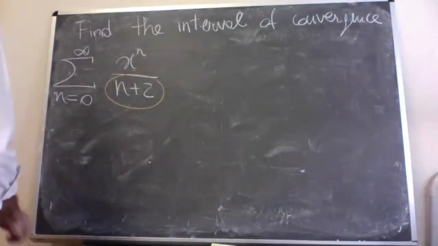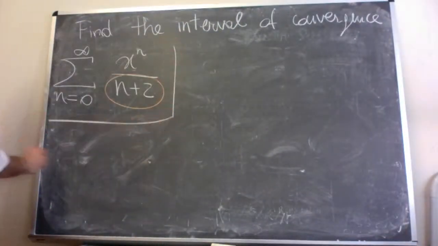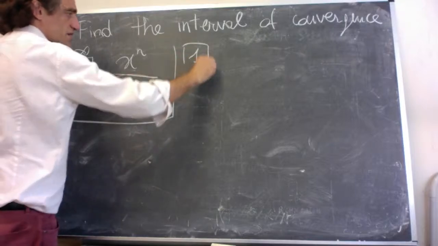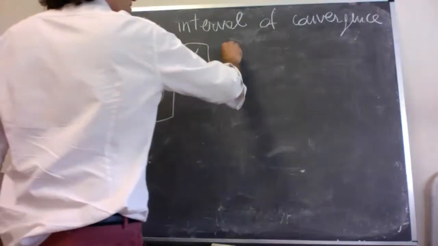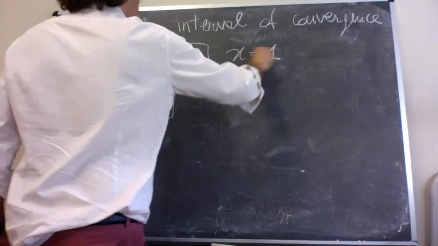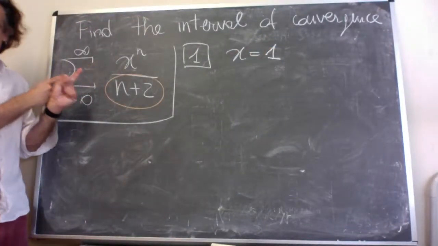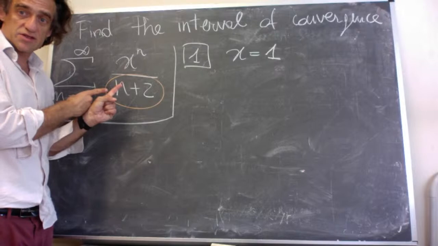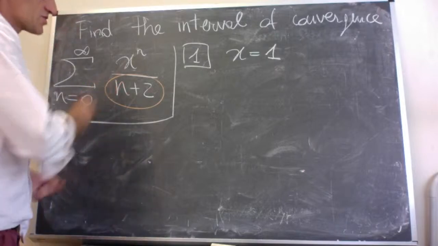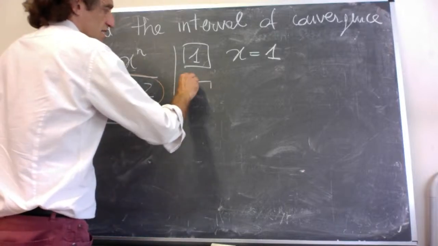Okay, so the first step, see what happens in x equal to 1. So this function series, this power series, becomes a numerical series. So you have to discuss this guy here.